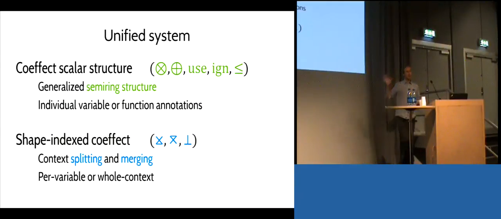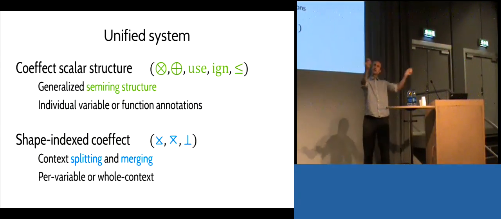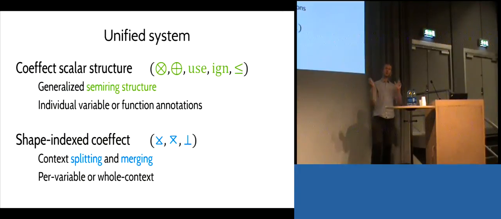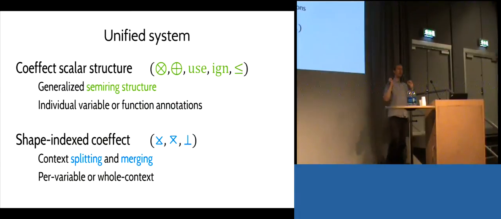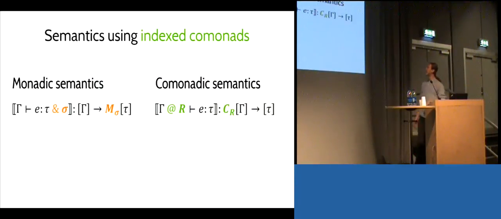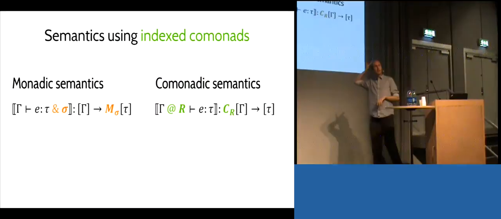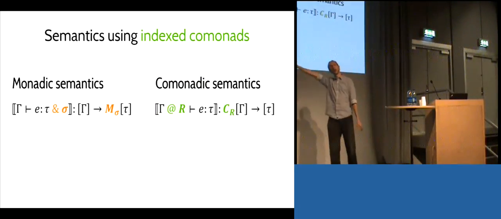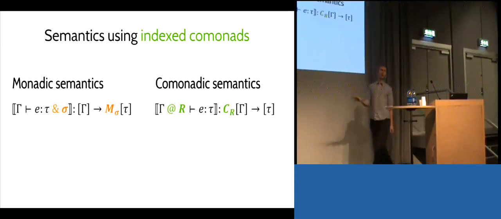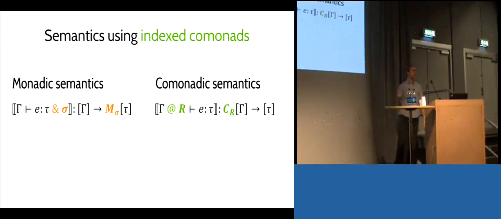There's another part which is a shape-indexed structure that mirrors the variable context. So you can say either my structure is a vector, or it's a singleton thing, or I could say it's something else, like perhaps a tree. The other thing that's in the paper is that we are looking at comonadic semantics of these things. And this is actually where some of the interesting things happen, because in effect systems we have a monad over the result, and in our work we have a comonad over the input.